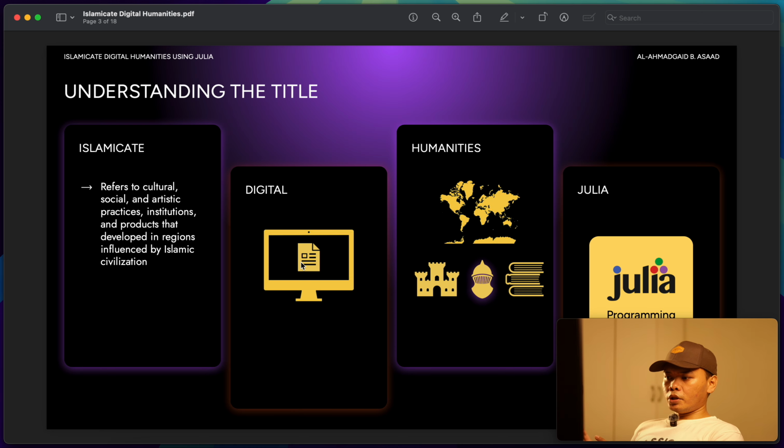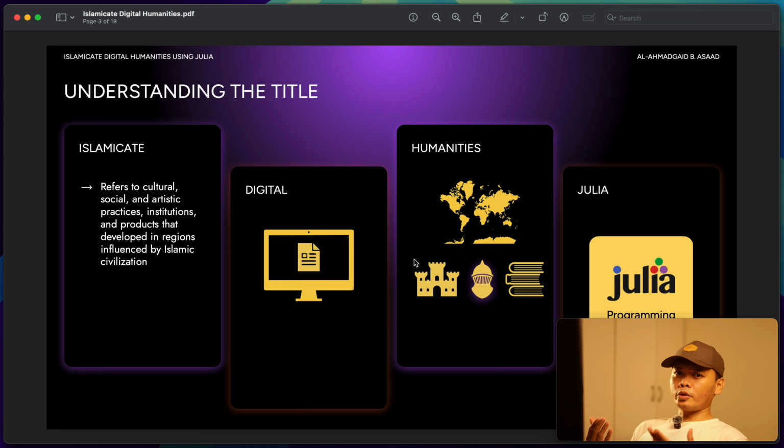Now, what about Julia? When we say using Julia, Julia is a tool, right? When we do digital humanities, we have to study humanities using computers, because we are now dealing with digital text. And so, how can we do this?